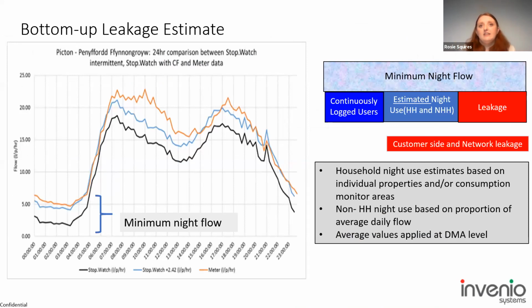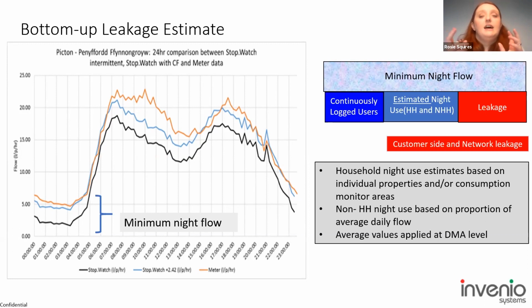So if you imagine a tree and branch kind of system, you've got your DMA meter on the inlet, and then branching off into different residential streets and individual supplies, some of them metered, some of them not. But if you take a blanket approach on every supply you can in that area, you can get demand profiles from each property and also pinpoint the locations of those continuous flows.